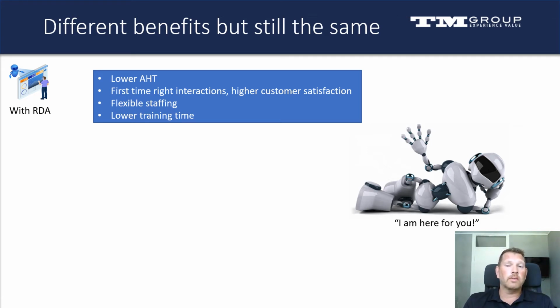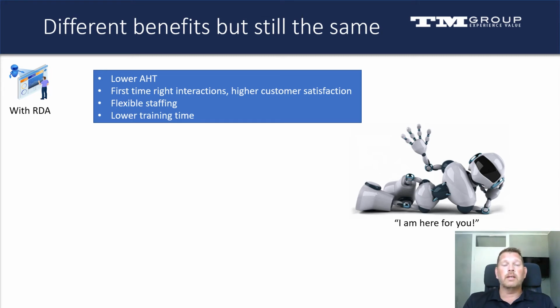That creates a lot more customer satisfaction because you get it right the first time. You don't have to call in once more. You also get flexible staffing because you can override some of the barriers between different areas in a customer support center. If I don't have the knowledge, but there is a long queue, I can, with the assistance from the RDA, actually perform the actions needed in that process.